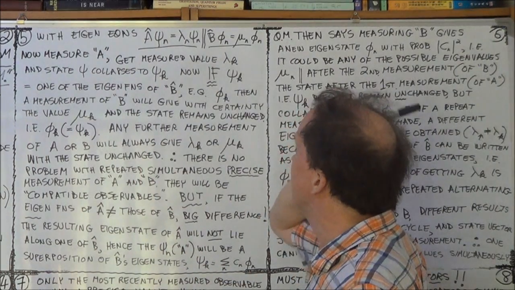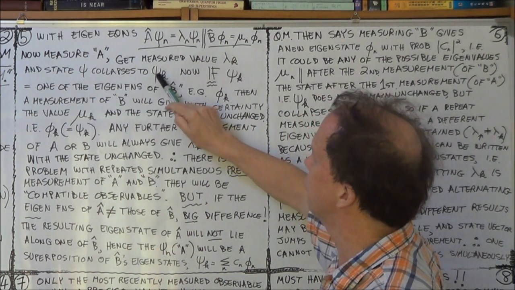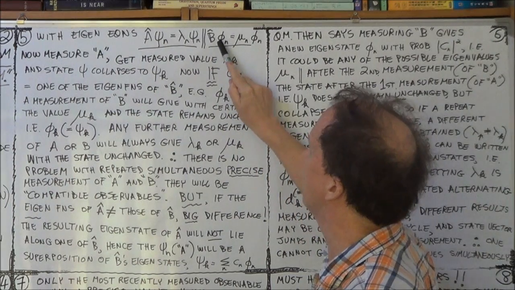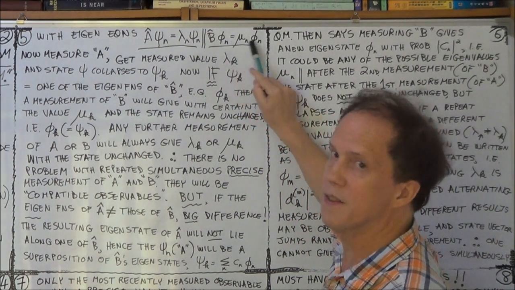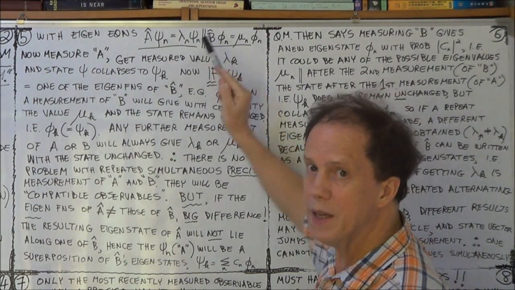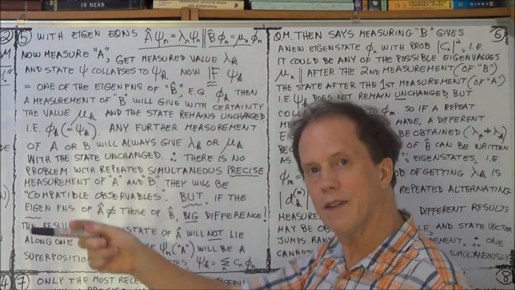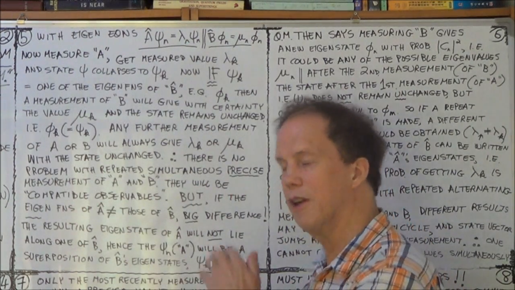Okay? So if the result that you get here happens to be one of the eigenfunctions of observable B, because that's the measurement you'll do second, right? We're doing A and then B, right?